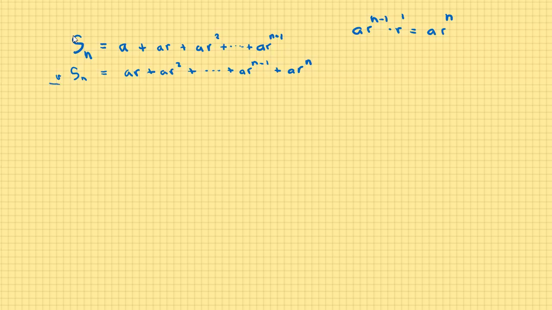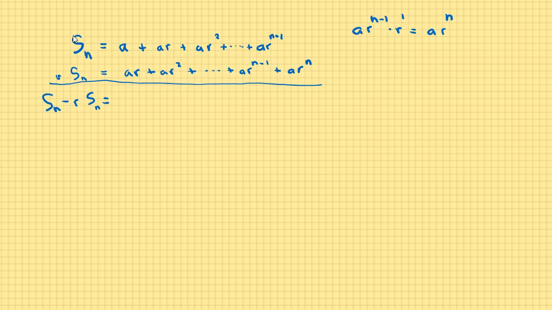Okay, so now what we're going to do is subtract. So we have two equations, and now we're going to subtract. On the left side, it's going to be S sub n minus r times S sub n. And then we're going to look at what happens when we subtract these two equations.